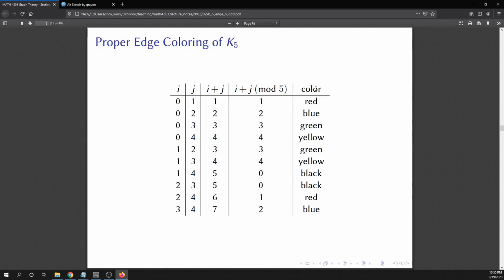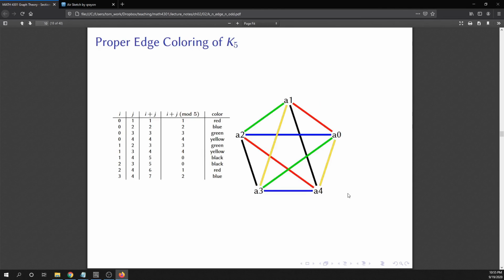All right, and then we would just look at the colors. C1 is red, C2 is blue, C3 is green, and so on and so forth. And so there it picks out basically all of our colors for us. All right, and then we are going to color the edge that color.